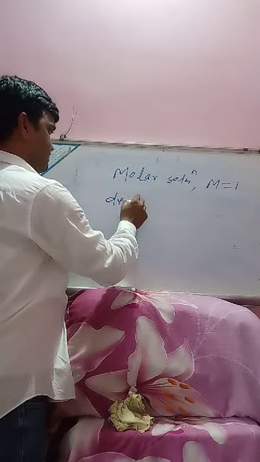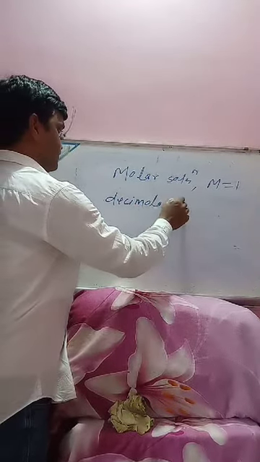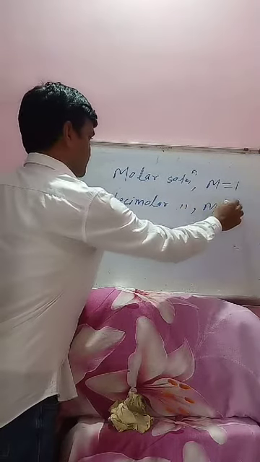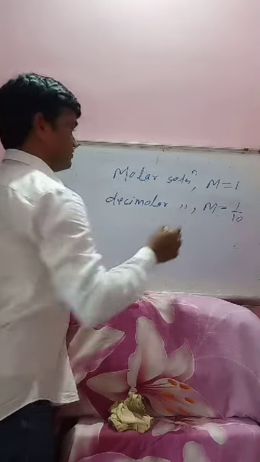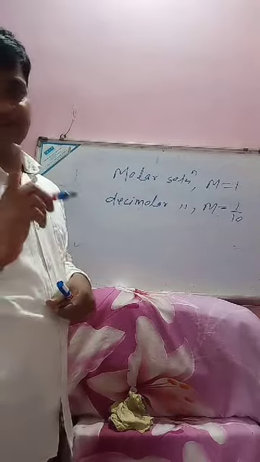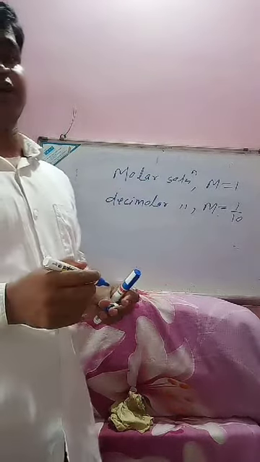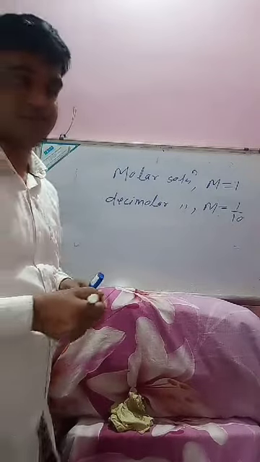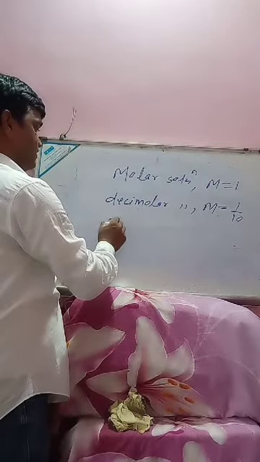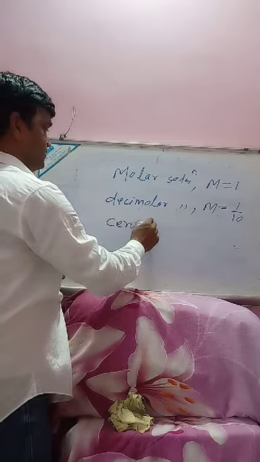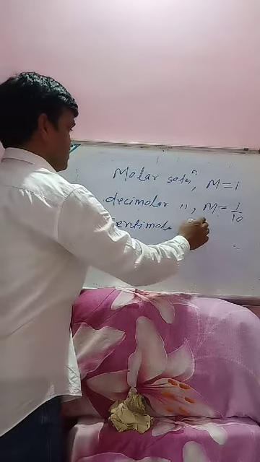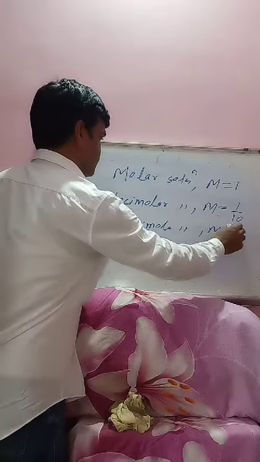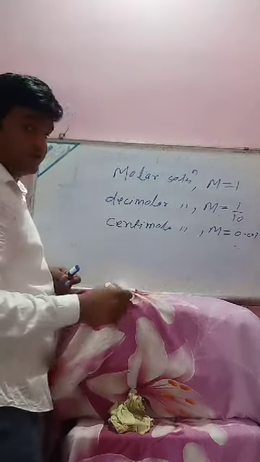And like that, if molarity is 1 by 10, then it is called a decimolar solution. Decimolar solution means 0.1 mole of a solute present in 1 liter of solution. Like that, in a centimolar solution, molarity is 0.01, 1 by 100.